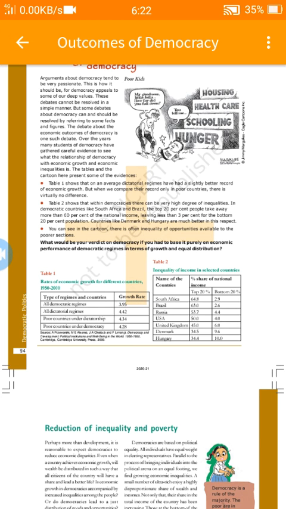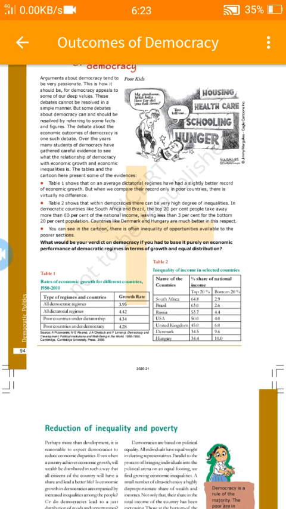So when we compare these two tables, the growth rate of poor countries as well as democratic and dictatorship countries, they all have growth.